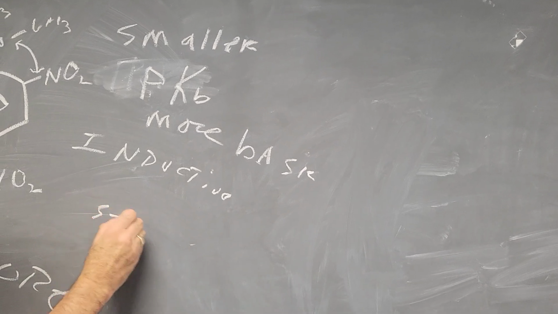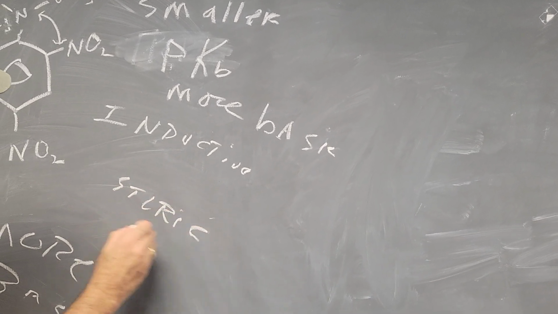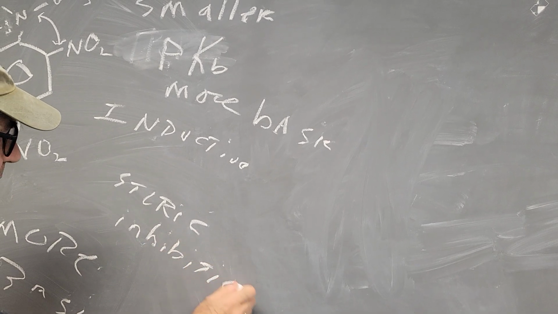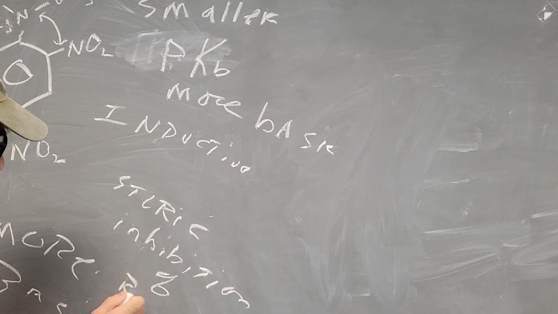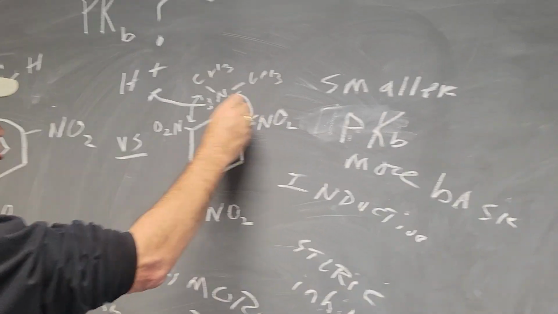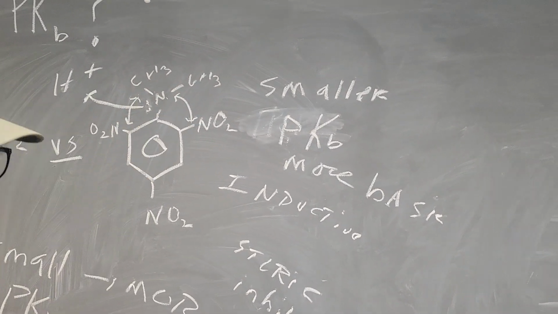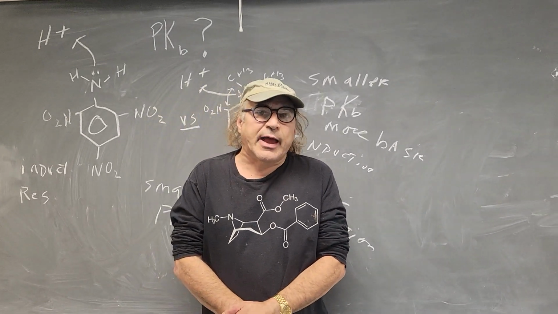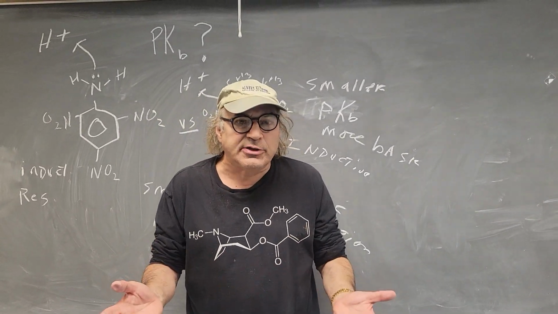We call this the steric inhibition of resonance. Because it is clash, that means they're in a different plane. So if they're in a different plane, then that means that you're not going to have delocalization.